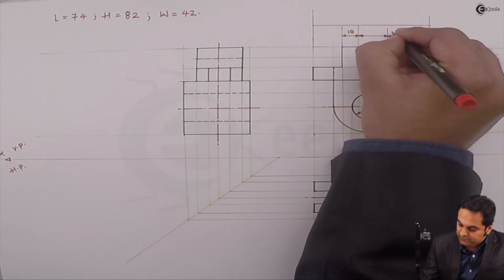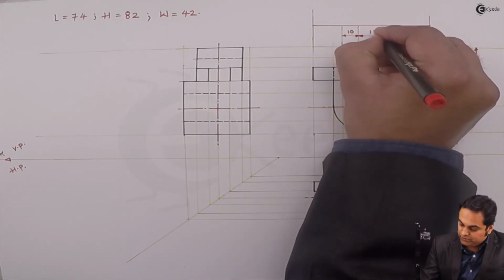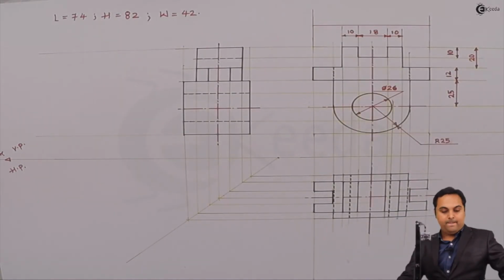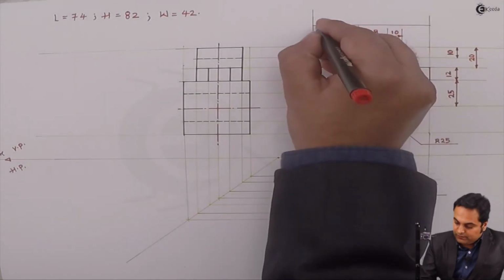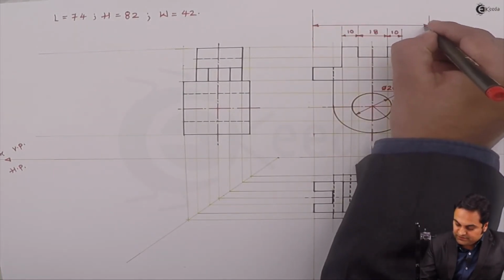This is 10 mm length for the rectangular portion. This is 18, and the total length is 74 mm.